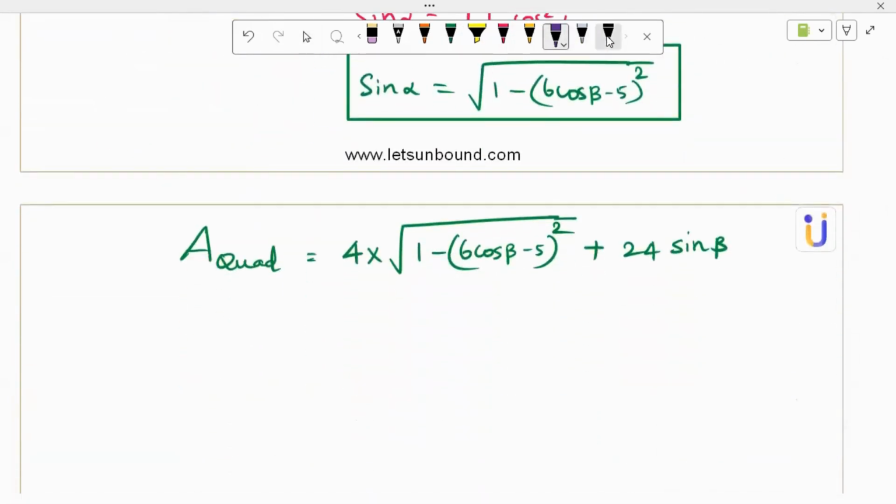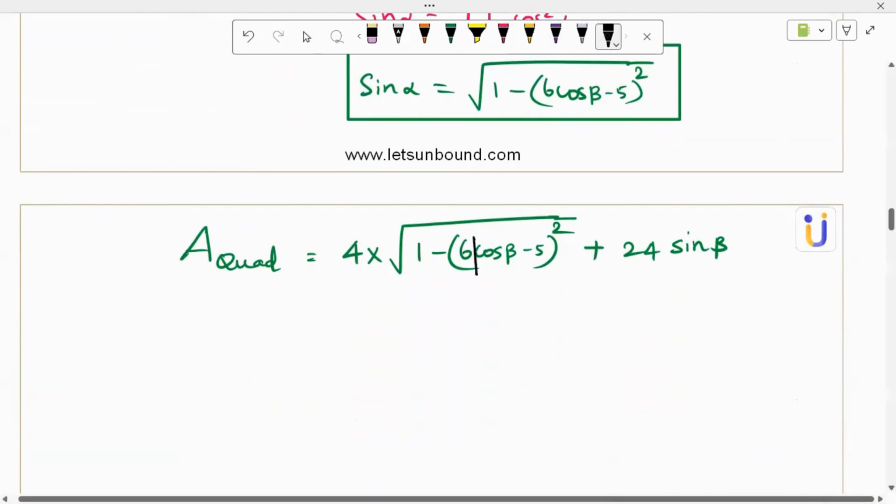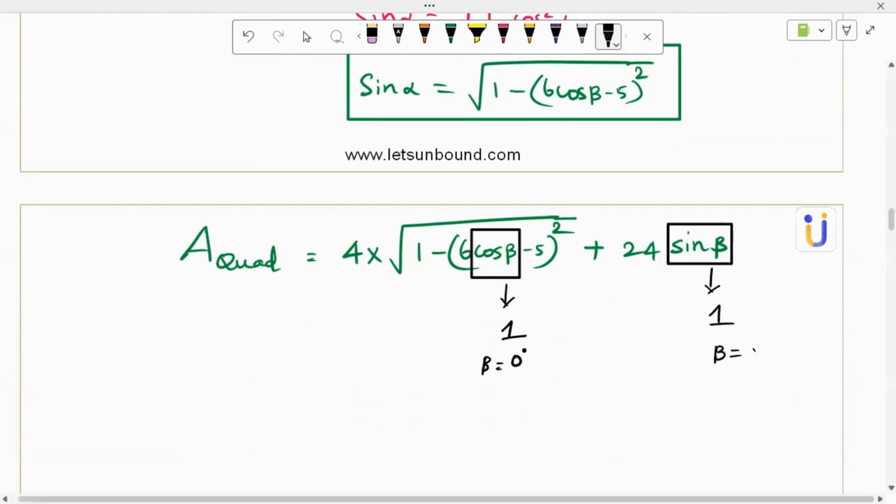So the area will get maximum. It depends upon cos beta and sine beta, right? And what is the maximum of cos? It's positive 1. The maximum of sine is also positive 1. But if I want both to be positive 1, I want beta to be 0 degrees here and beta to be 90 degrees here.